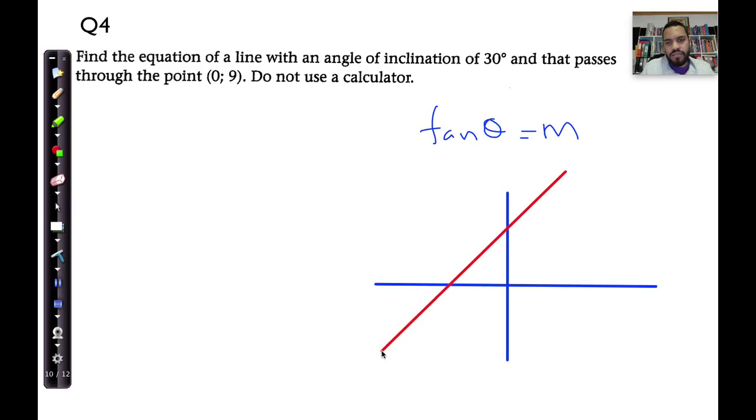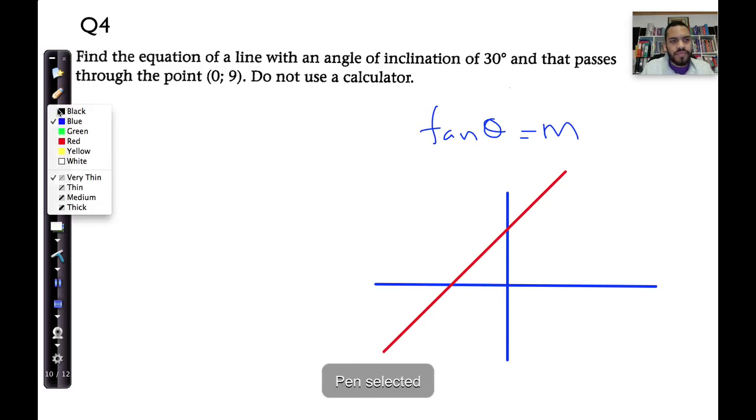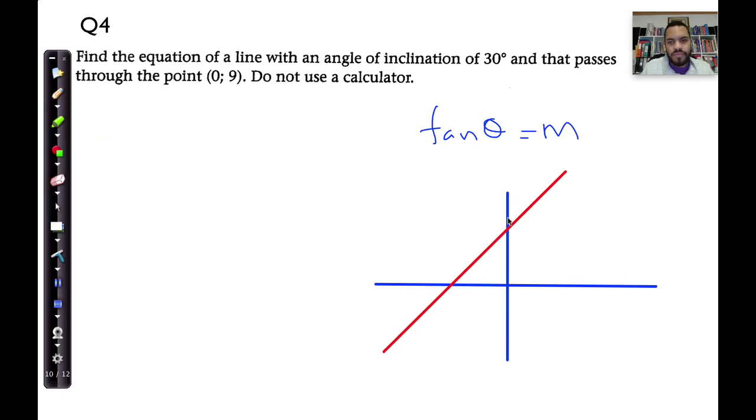It passes through there, and I know that it has an angle of inclination of 30 degrees. Now, using this property that tan of the angle of inclination is equal to the gradient of that line, we can actually find what the gradient of this line is.